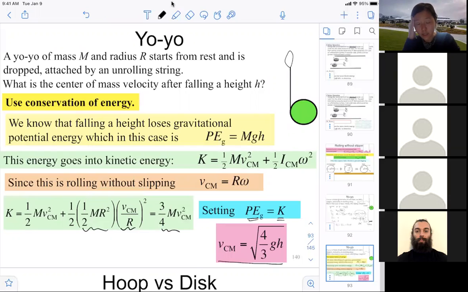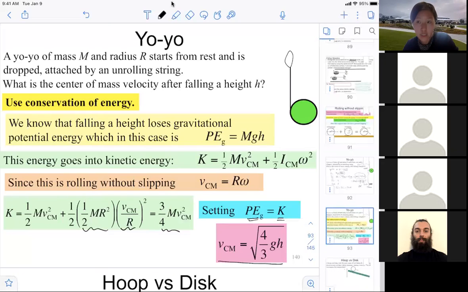Actually, it does not really depend on the mass of the yo-yo. It's square root of 4/3 g times h. So that's one way of using an energy approach to solve this type of problem. This is a very classic problem, so make sure you know how to do it.